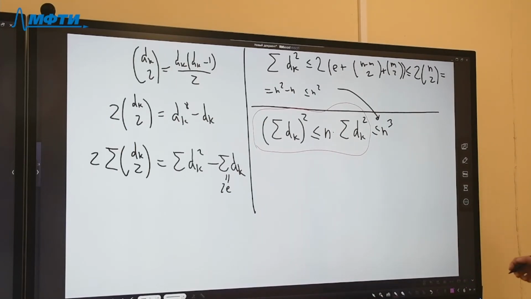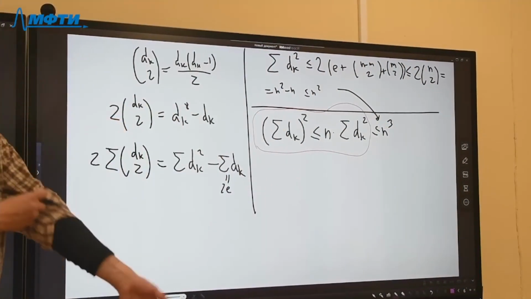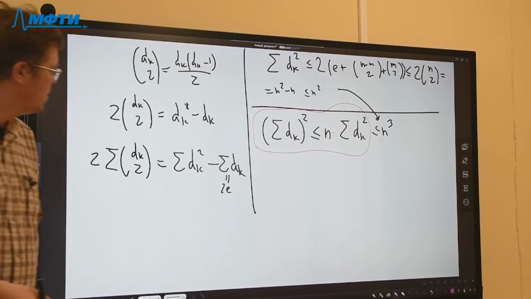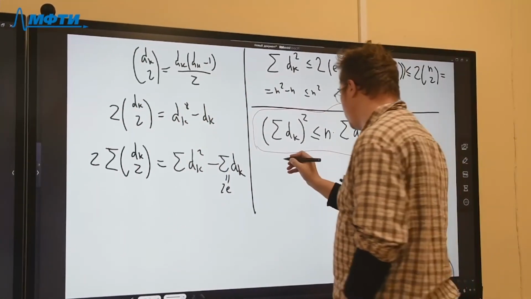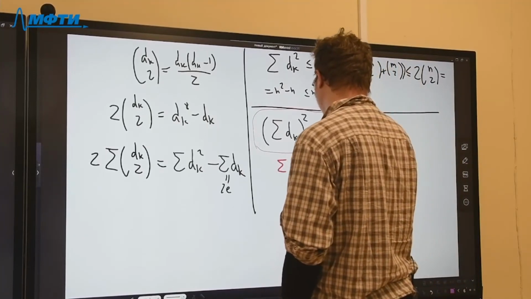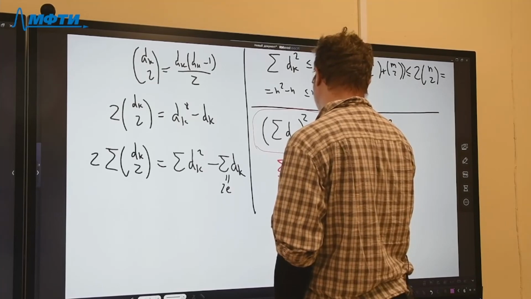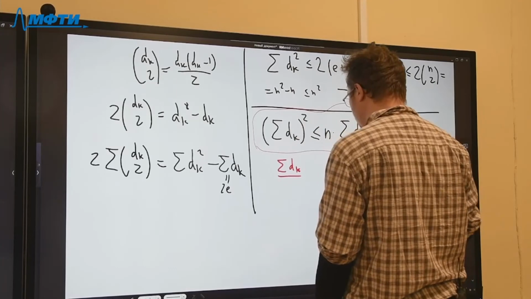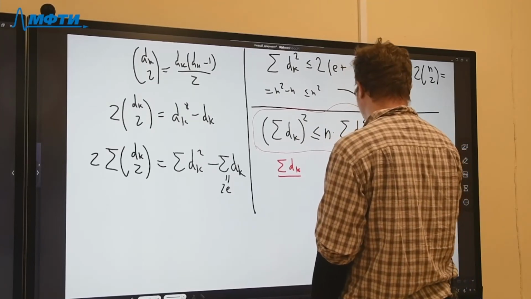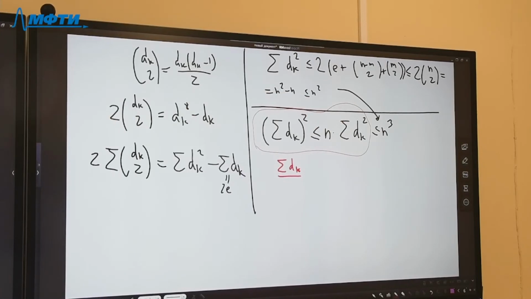We have the quadratic mean and the arithmetic mean, and we have the following inequality.